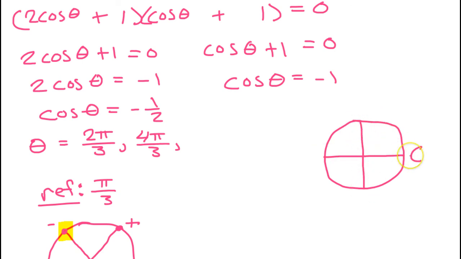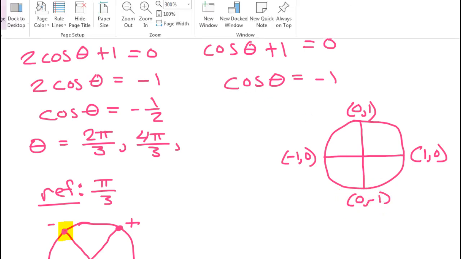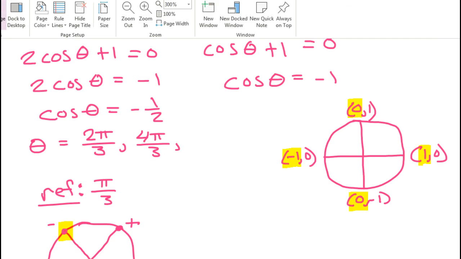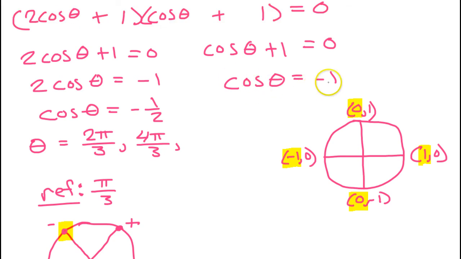Over here on the right, we have 1, 0, and up here is 0, 1, and then -1, 0, and 0, -1. Cosine is the x value on the unit circle, so we're only looking at these x values. Now we want cosine to equal -1. So that's only happening right here. And that is pi. So I'm going to add pi to my list of solutions, and that is it.